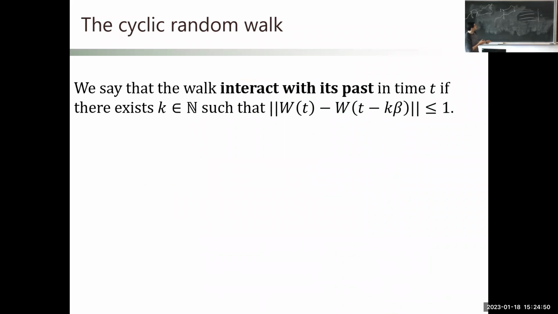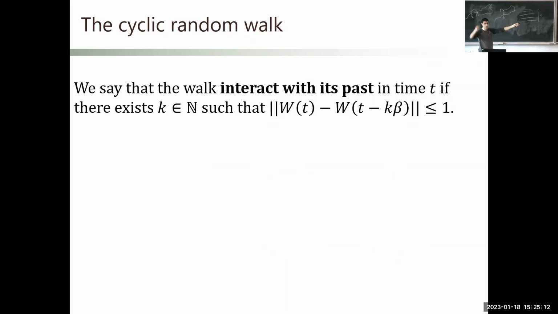We say that the walk interacts with its past at time t if there exists some integer k such that the distance between the walk at time t and the walk at time t minus an integer multiple of beta is at least 1.